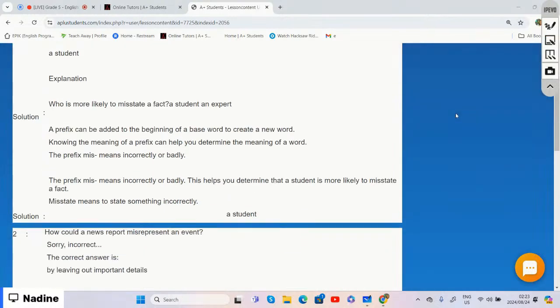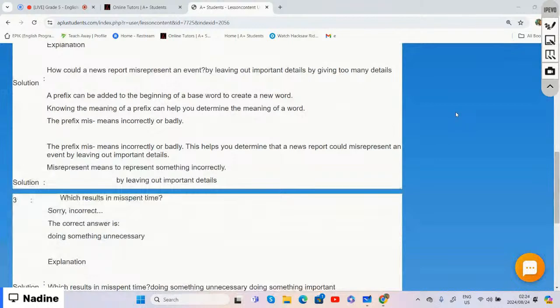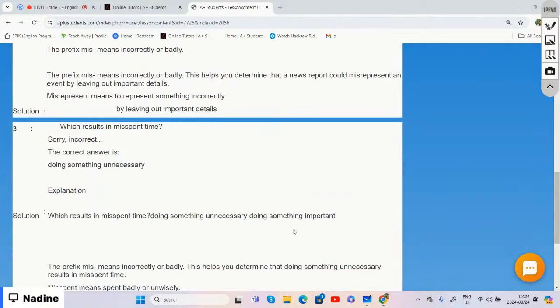All right. If we look at the next word, misspent, which results in misspent time.